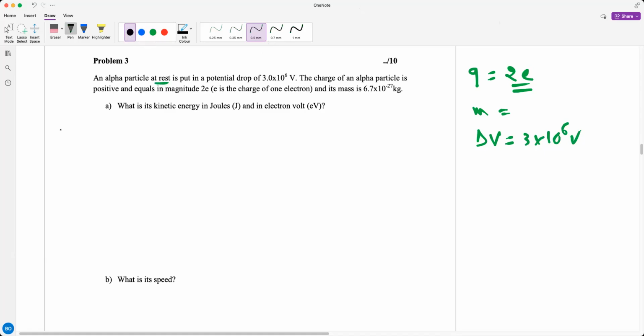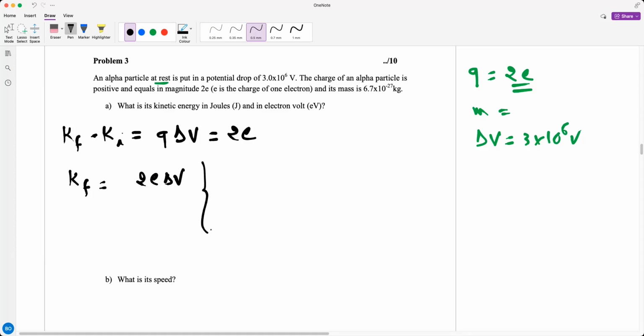The work energy theorem tells me that the final kinetic energy minus the initial kinetic energy is equal to the work done by the electric force, which is the charge times delta V. In this problem, I have 2 times the charge of the electron. So the final kinetic energy is equal to 2e delta V.